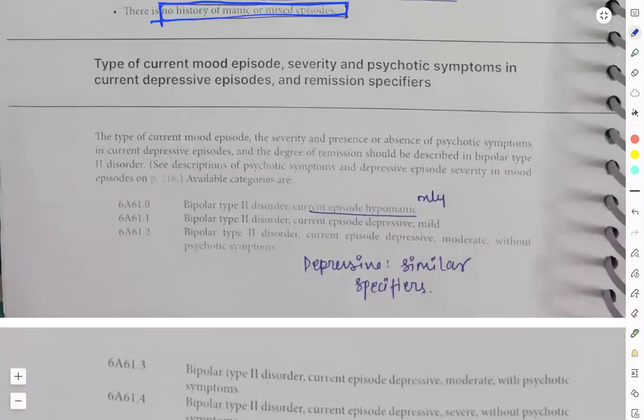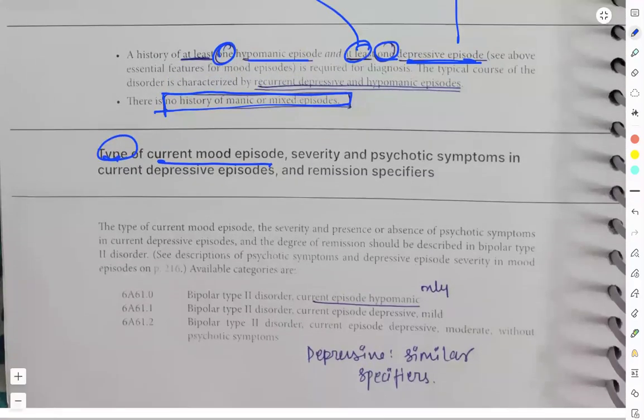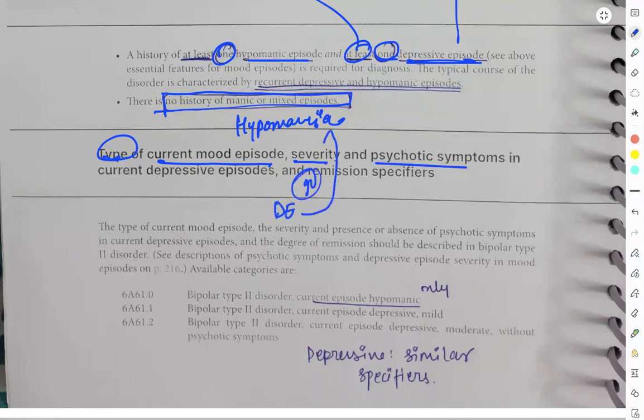Now, what are the specifiers? Specifiers would be the same. You have to describe the type of current mood episode. That is current episode hypomania. With hypomania, there will be no further specifiers because you don't require to give severity or psychotic symptom descriptions. But in case of a depressive episode, you will have to give the severity and psychotic symptom description.